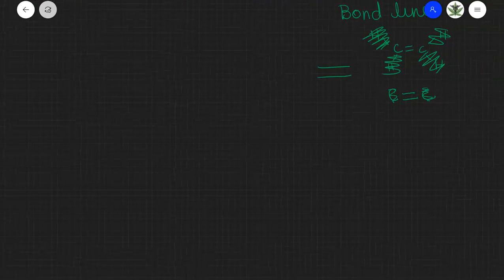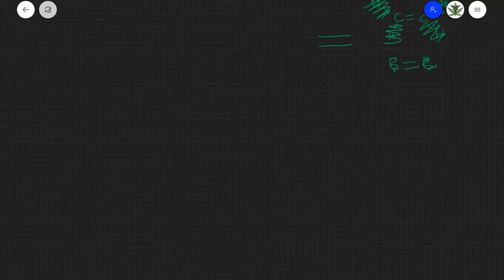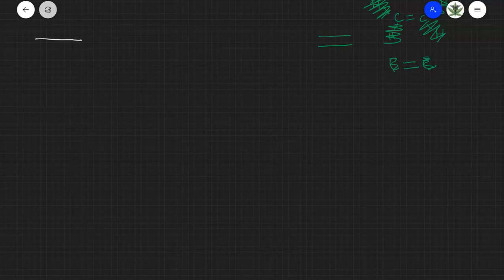Let's try another example. Here you only see 3 lines. So therefore, this represents a bond line formula. What if I decided I wanted to write the Lewis structure?